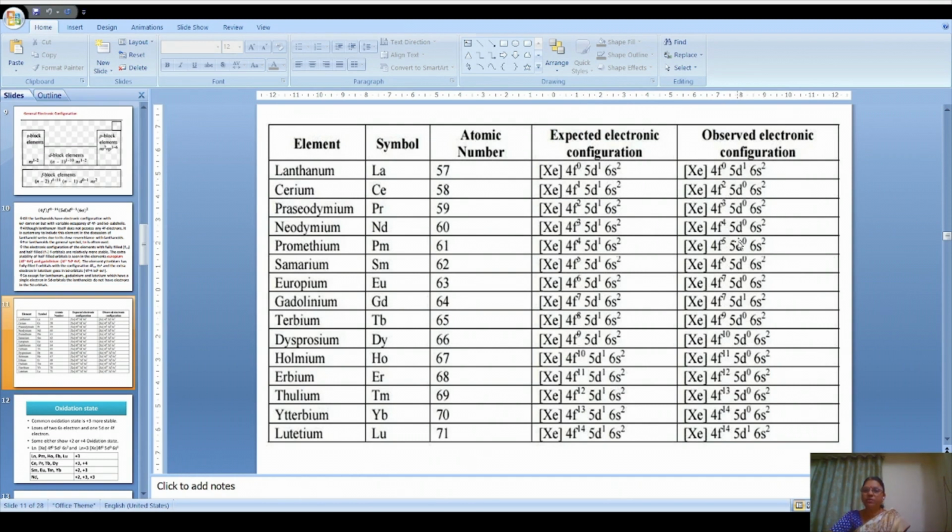If you see the observed electronic configuration, only lanthanum, gadolinium and lutetium, these three elements, have one electron in the 5d orbital, and others do not have an electron in the 5d orbital. All are differing in the number of 4f electrons.